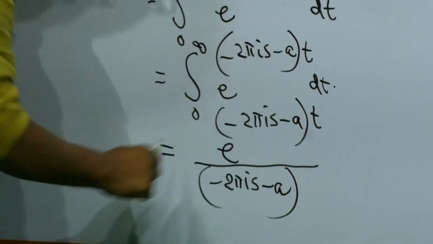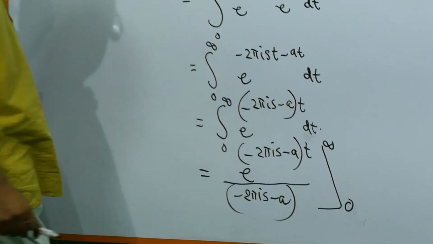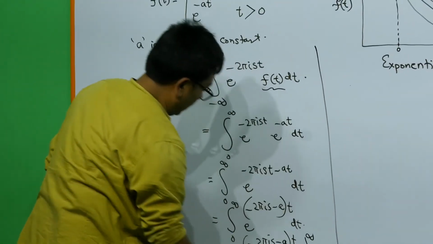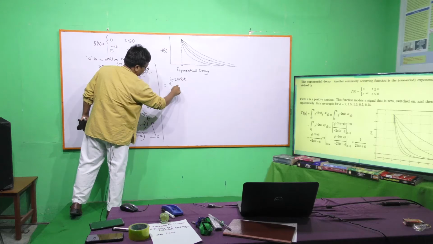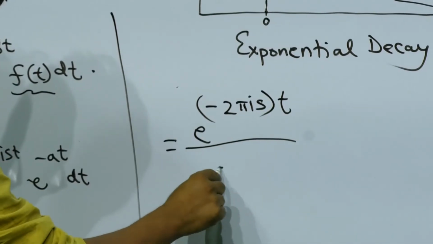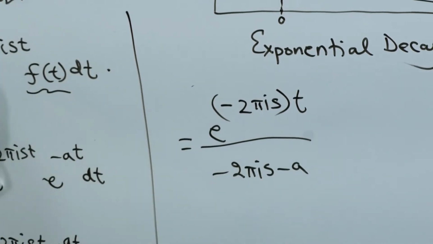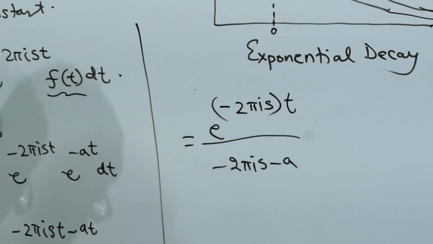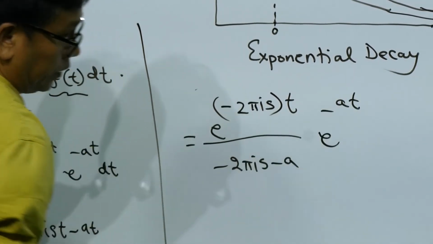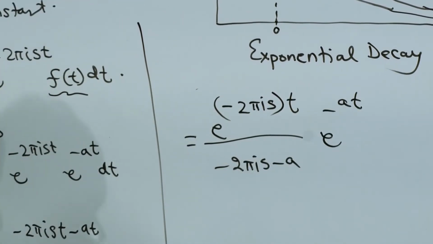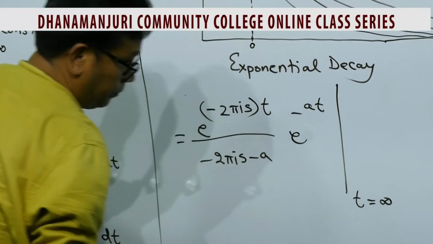So this is equal to e power whole into t divided by minus 2 pi I s minus a. Then what remains will be e power minus a t, under the limit t equal to infinity.